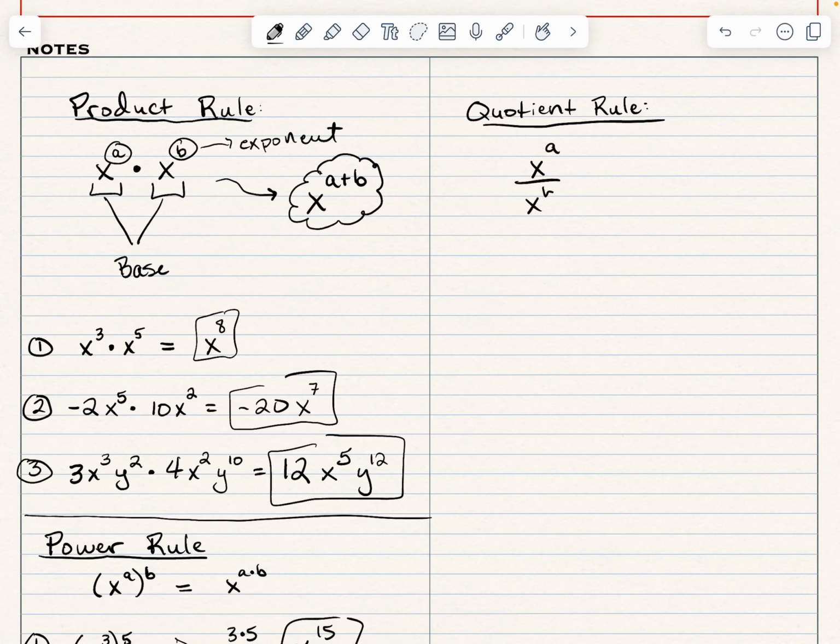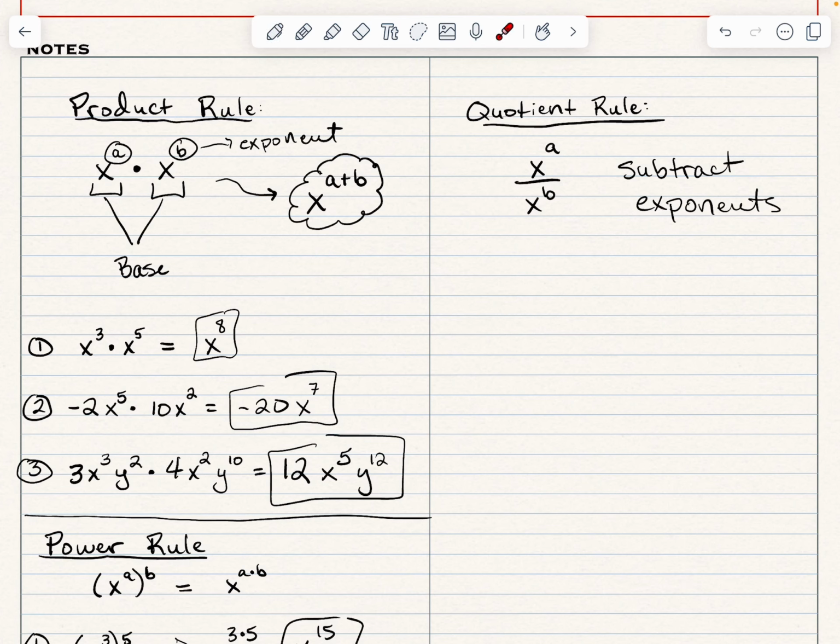So the quotient rule states that if we have x to the a power and x to the b power, and we are dividing these bases, so I have x to the a divided by x to the b, the quotient rule tells us that we are going to subtract the exponents.